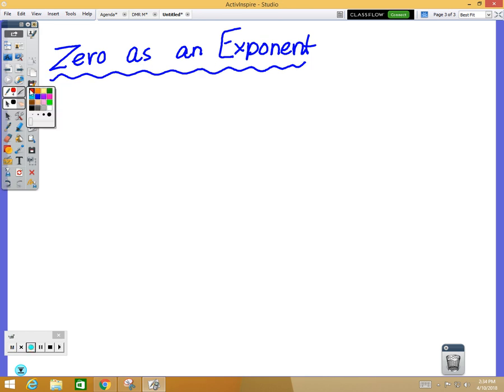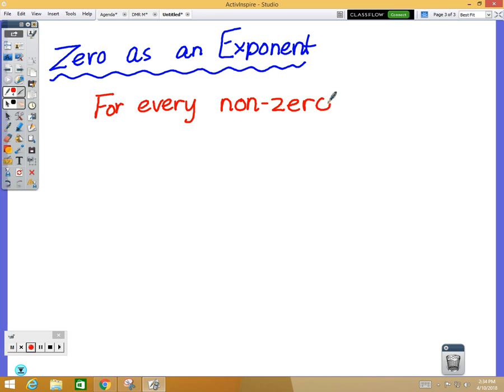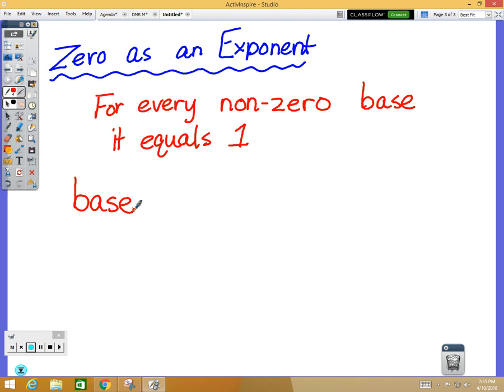So for every non-zero base, so the base cannot be 0, it equals 1. So no matter what the base is, as long as the base is not a 0, if the exponent is a 0, then it equals 1.